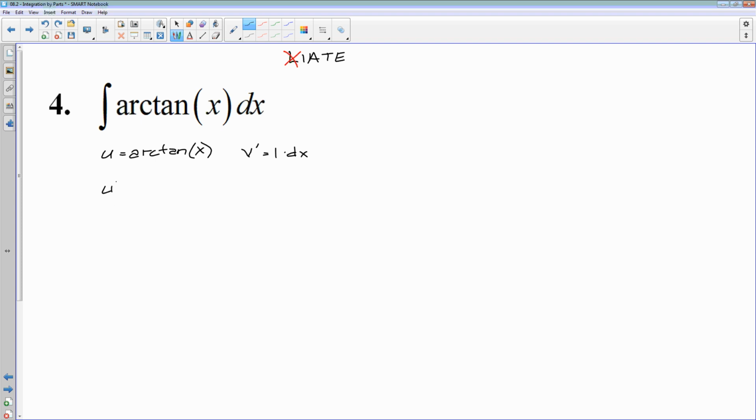The derivative of arctangent is 1 over 1 plus x squared. The antiderivative of 1 is just x. And so when I do parts here, I will have x times the arctangent of x minus this product, minus the antiderivative of x over 1 plus x squared.